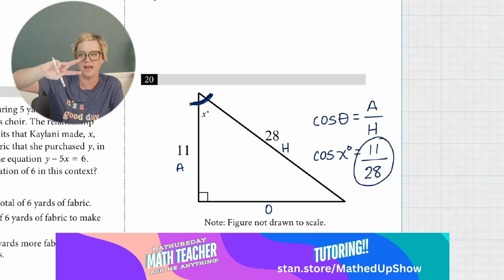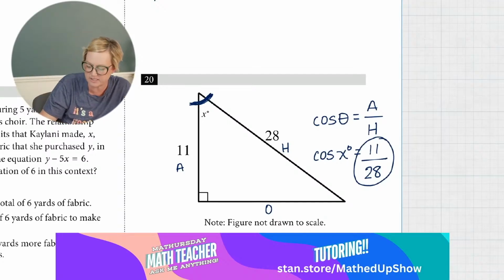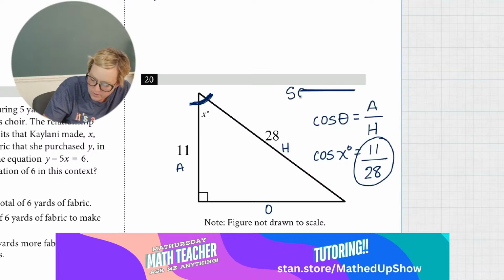So those are like the inverse, they're flipped. So cosine is adjacent over hypotenuse. And then there's another ratio that, whoa, I don't know what that is. If you did secant, theta would be the hypotenuse over the adjacent.